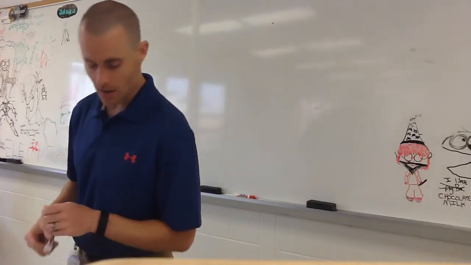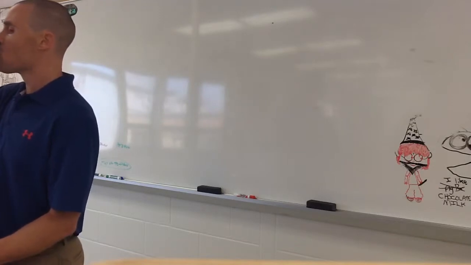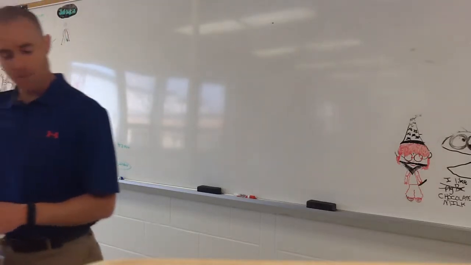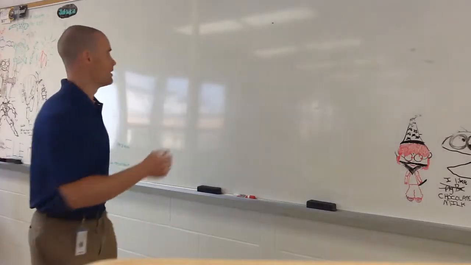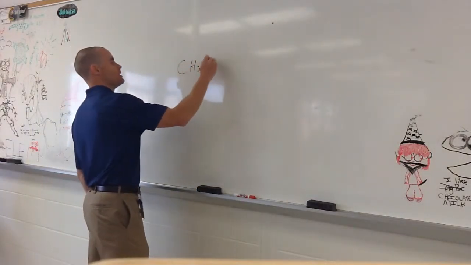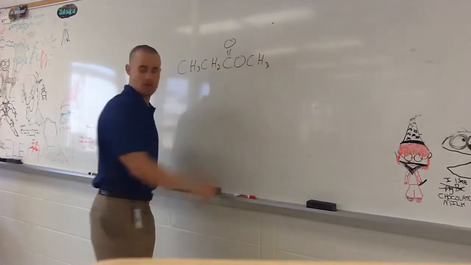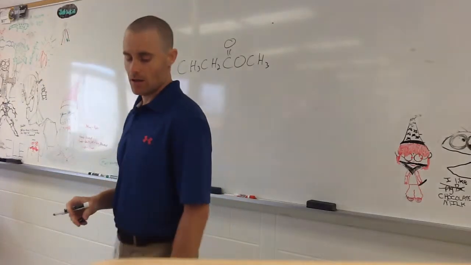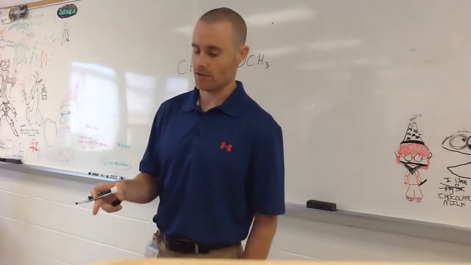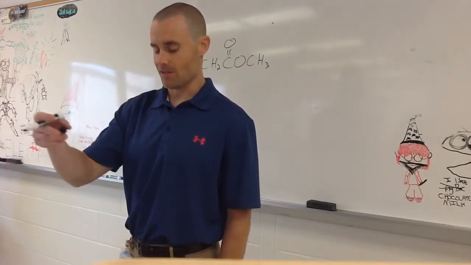All right, here we go. Esters. Let's look at the example. I like to use the example to teach where they got their name from. So I'm going to copy the example on the board, and then we'll talk about it. So what do we have here? CH3, CH2, C double bond O, O, CH3, right? Is that what they have? Okay. Now notice the name. There's two parts, kind of like ethers, except it's very different.